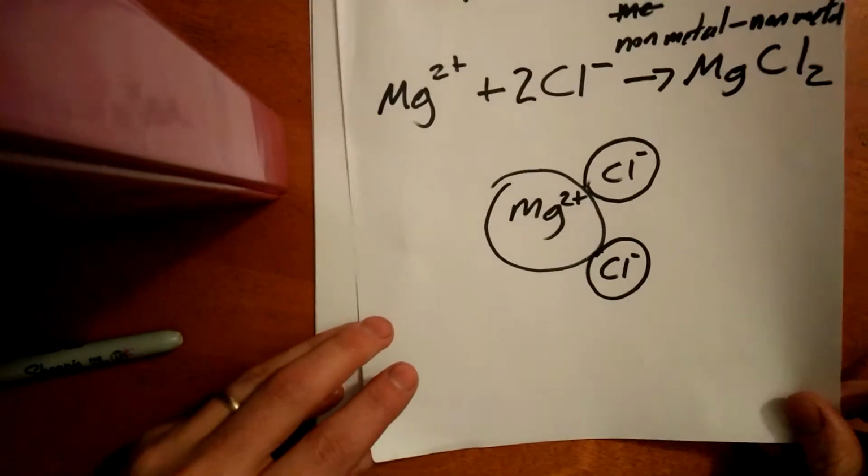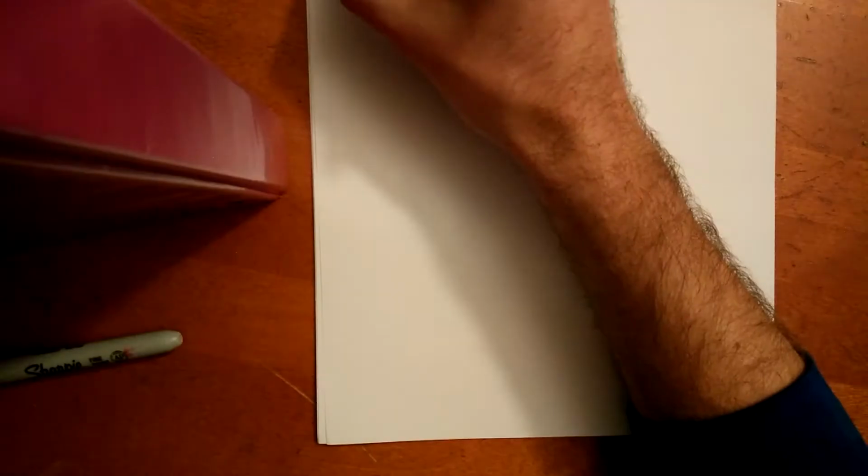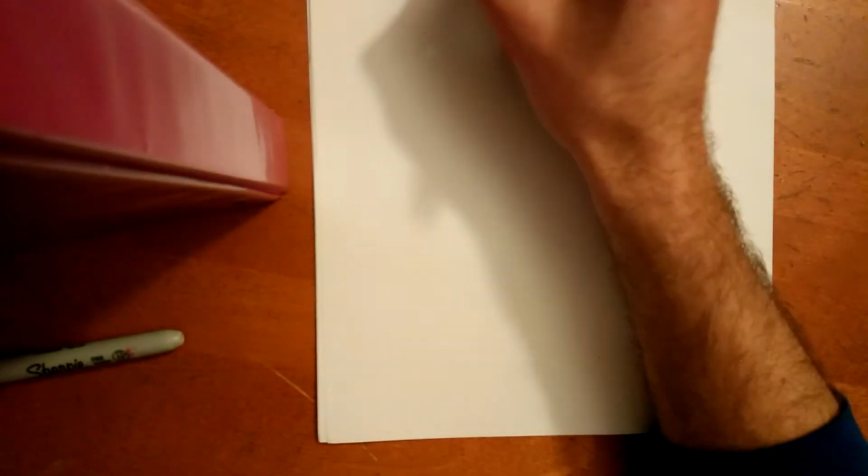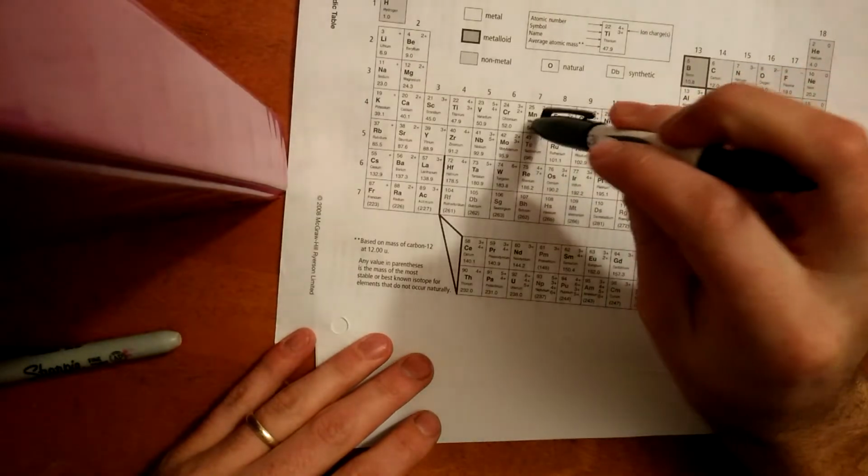So give it a try with something else. Let's say manganese, so Mn. And let's go with oxygen. So with manganese, we look at a periodic table, and that's just right up here, number 25.